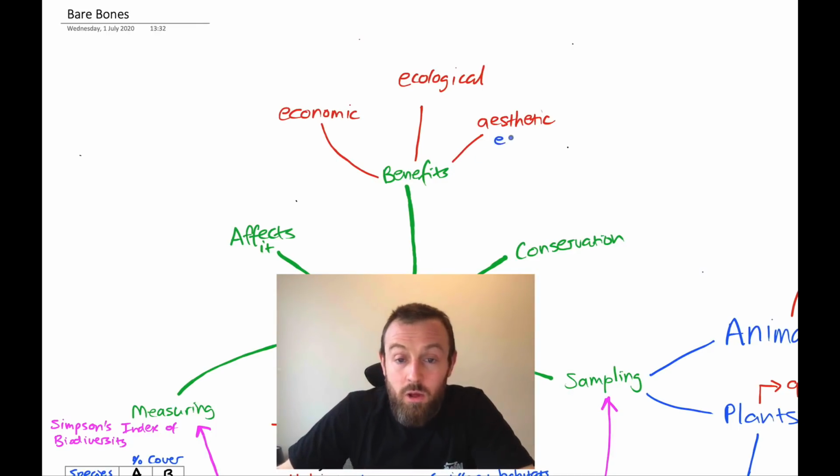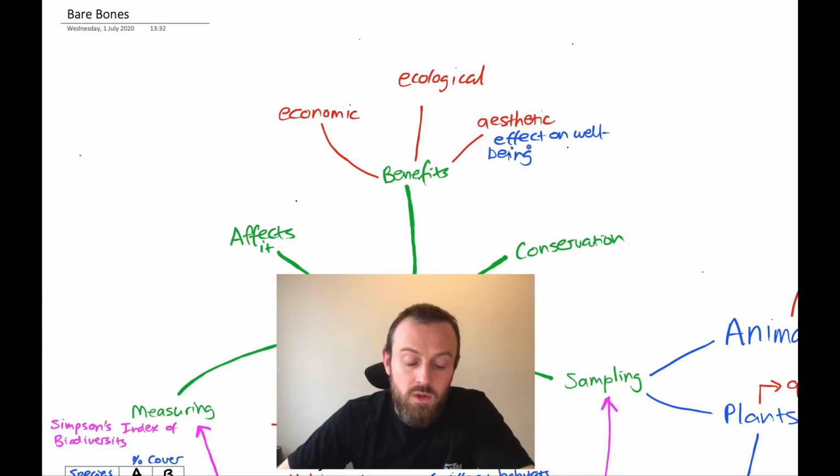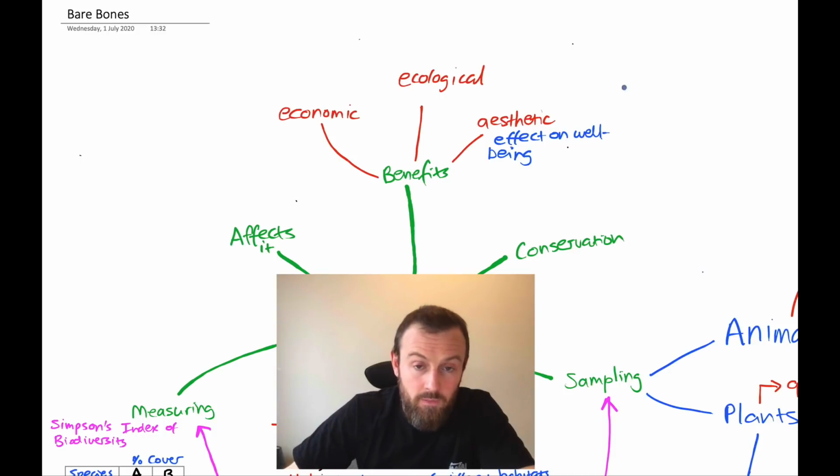So there's an effect on well-being. Was well-being one word or two? I'm going to hyphenate it. Well-being. There's an effect on well-being. It looks nice. It's good to be in.